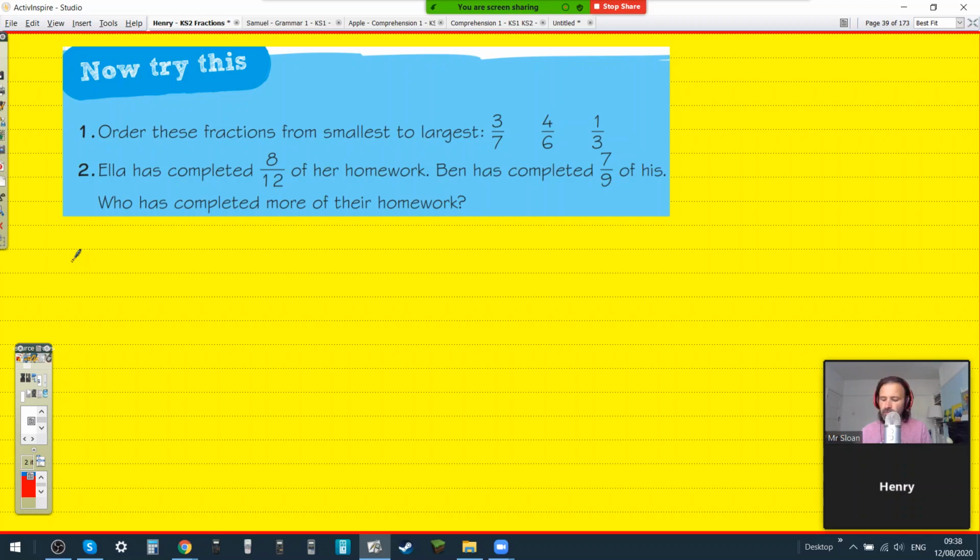You're trying to find a common denominator, is it? Yeah. So to get a common denominator, you can times them by each other.